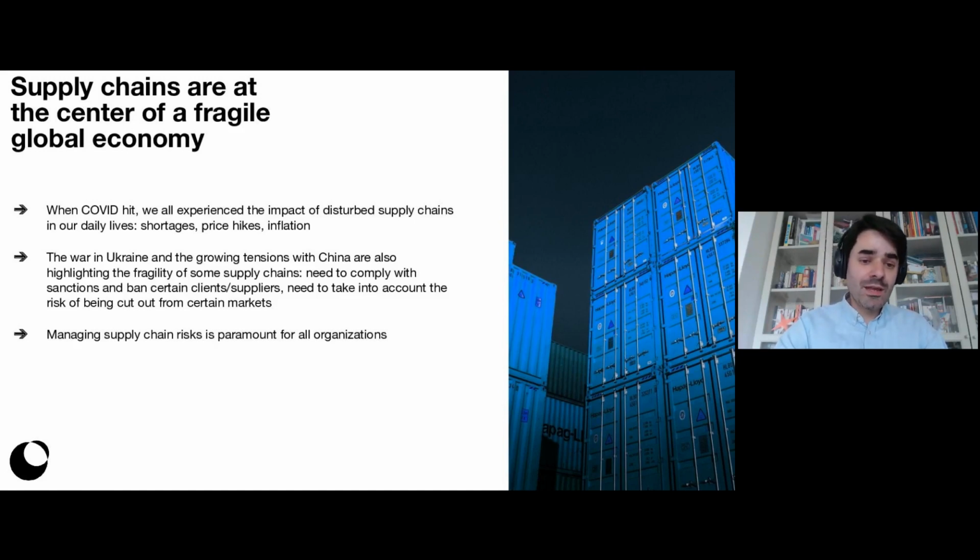The war in Ukraine and the growing tensions with China are also highlighting the fragility of some supply chains. For example, organizations need to comply with sanctions and bans on clients or suppliers. They also need to take into account the risk of being cut out from certain markets. All of that leads to the fact that managing supply chain risks is paramount for all organizations.